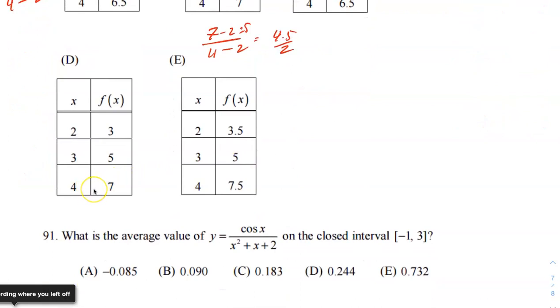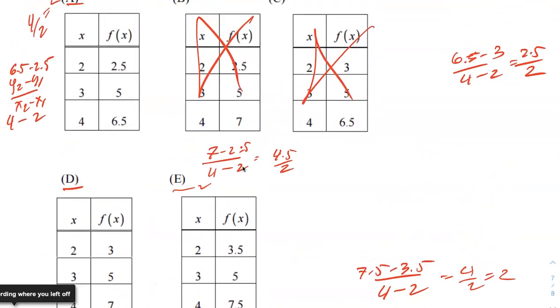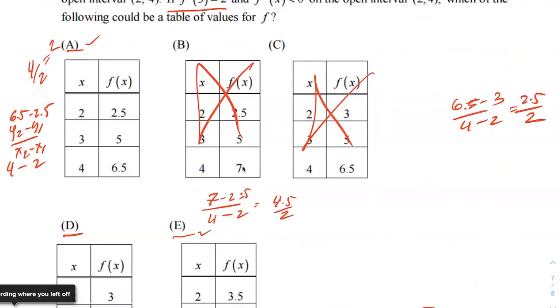Here I would get 7 minus 3 over 4 minus 2. That does give me 2, so that's still good. And then E, I think E works also. 7.5 minus 3.5 over 4 minus 2 gives me 4 over 2, so that also works. So we cut 2 out and still have 3 left.